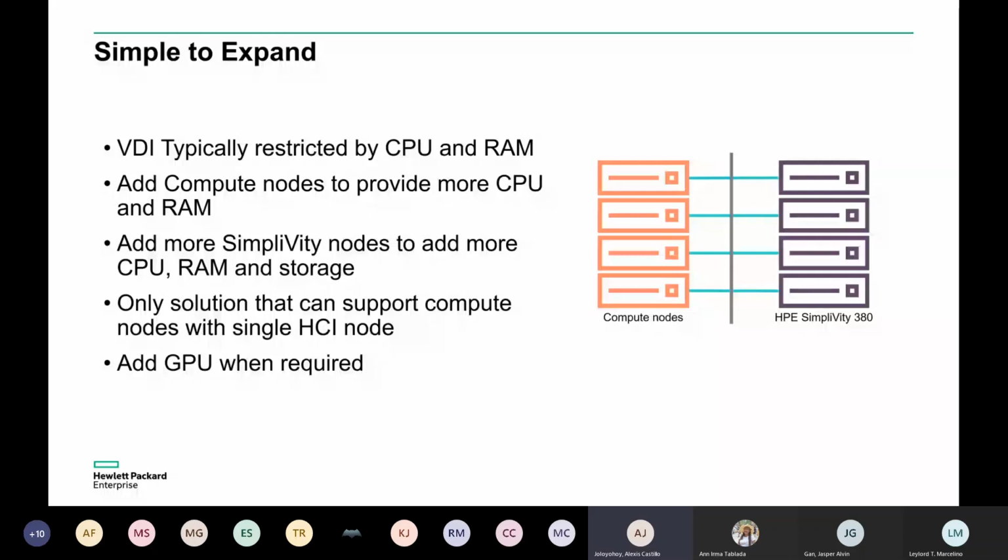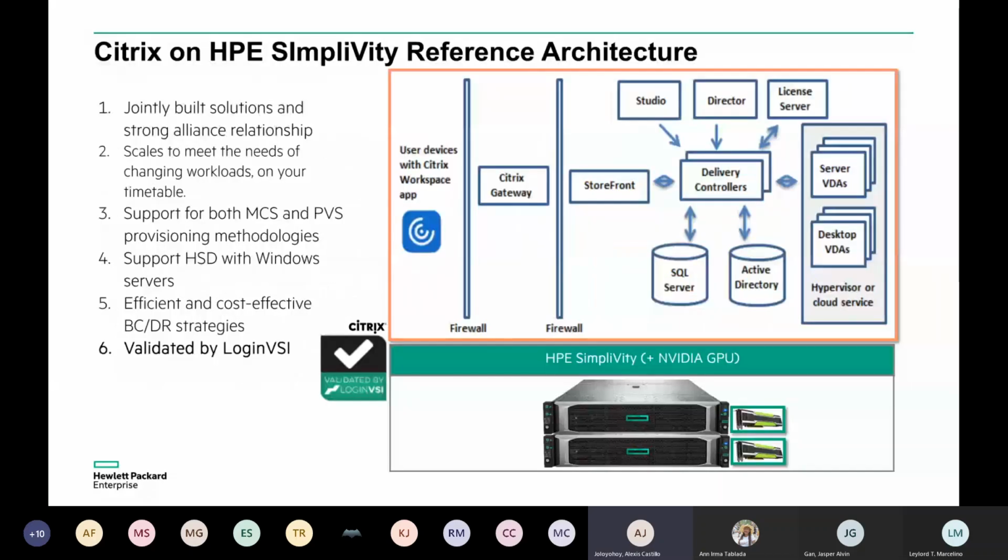In terms of our reference architecture, we have references for Citrix and VMware. This is our Citrix reference architecture. It's validated by Login VSI. It's very cost-effective in terms of BC, business continuity, and disaster recovery strategies.